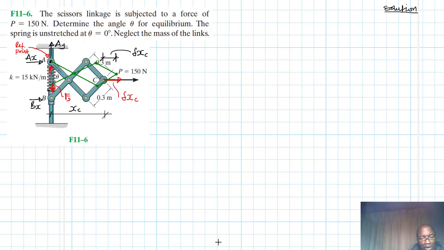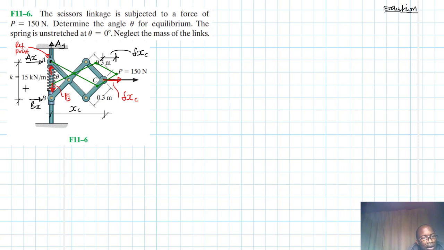Let's also indicate the original position, so that from there we are able to get the virtual displacement. We are taking all of them from our reference point, which is A.